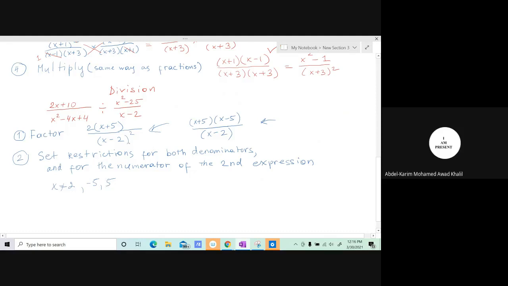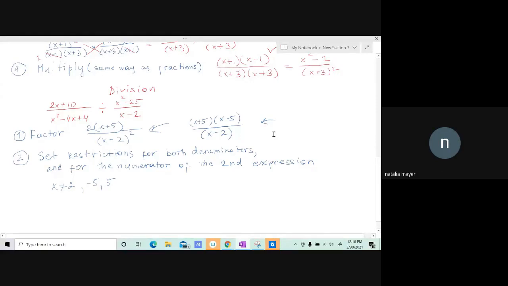Please, Miss. Are there restrictions for every variable in the denominator and the numerator? Well, this is one thing: it should be only denominator.